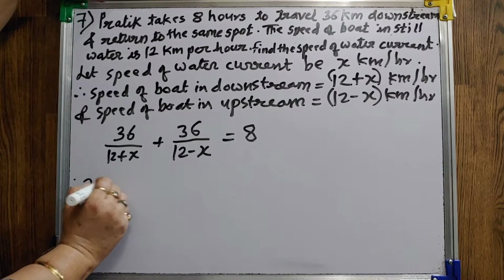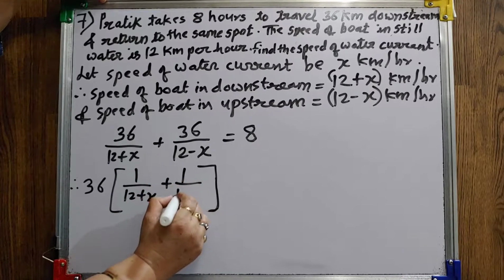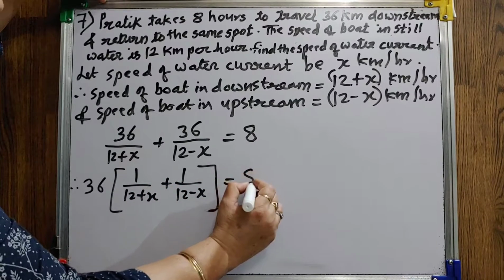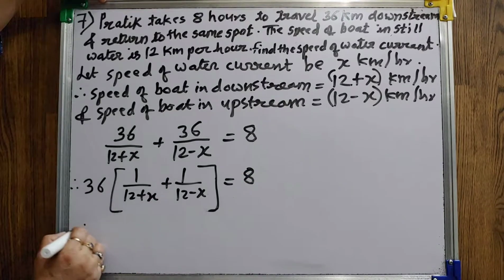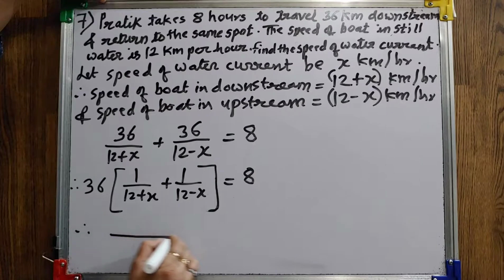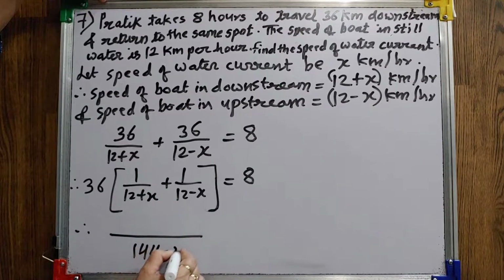Take 36 common, inside it will be this, equals to 8. You can cancel both or transfer 36 that side. When we cross multiply, it will be 12 square, that is 144, minus x square.